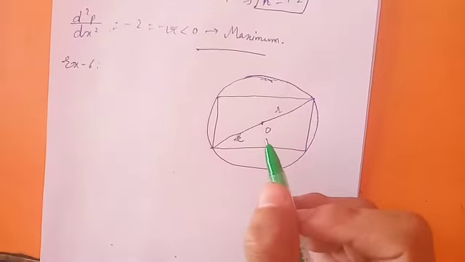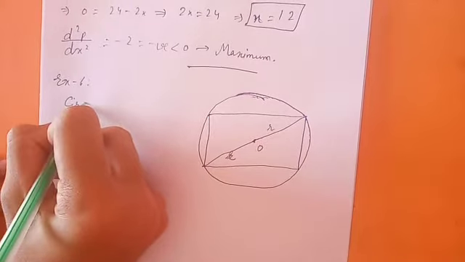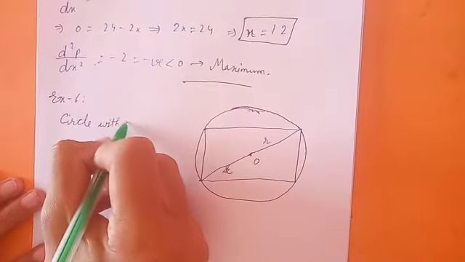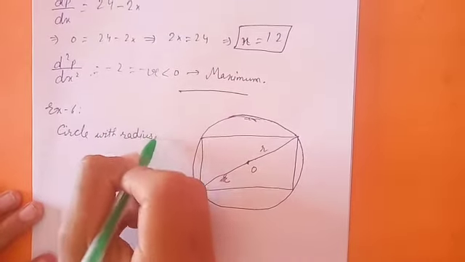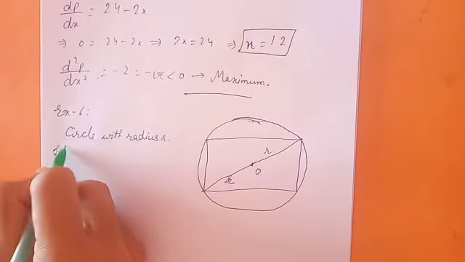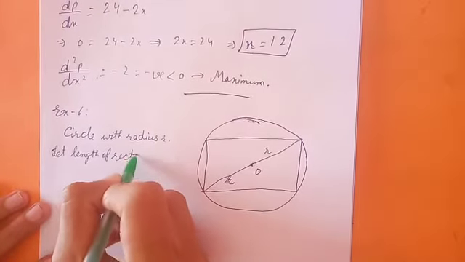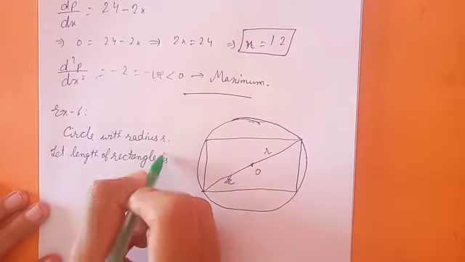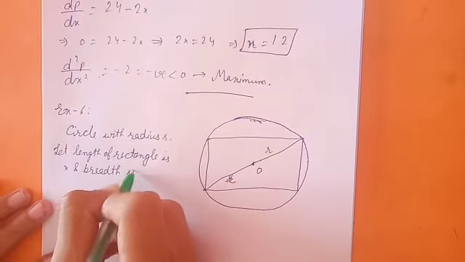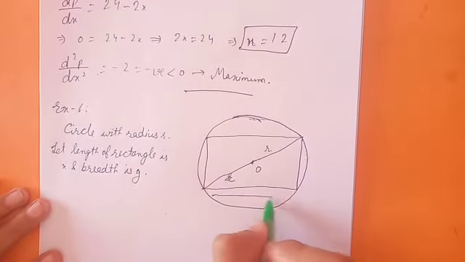Okay. Now what is given to us? Circle with radius r. Next what we will assume is, let the length of the rectangle be x and breadth be y.